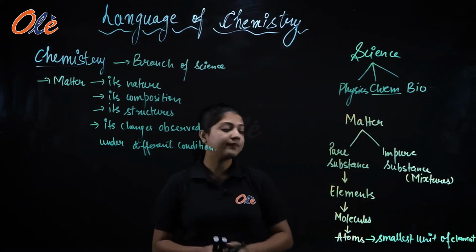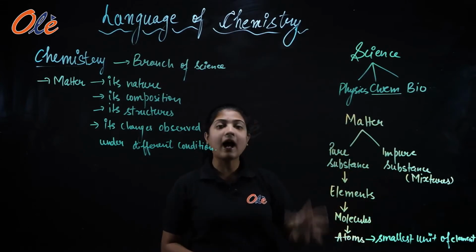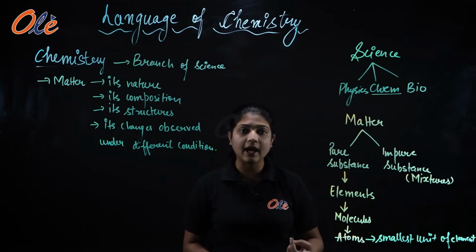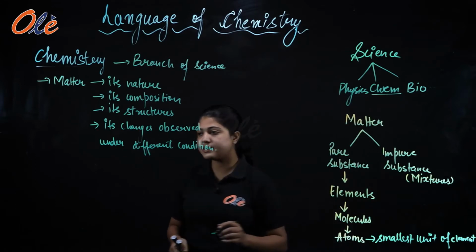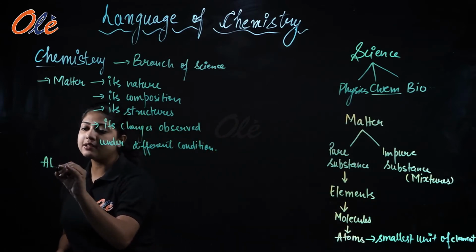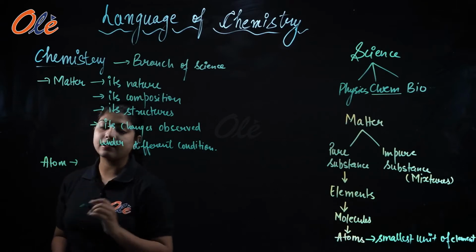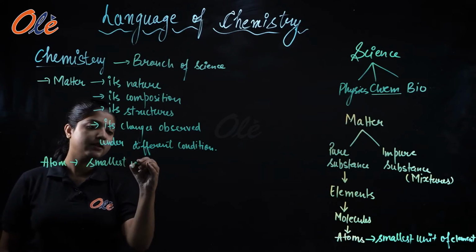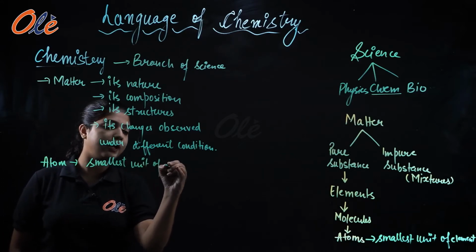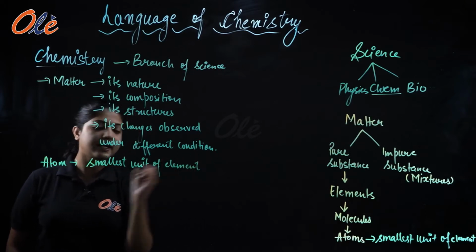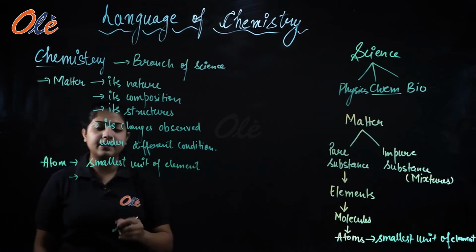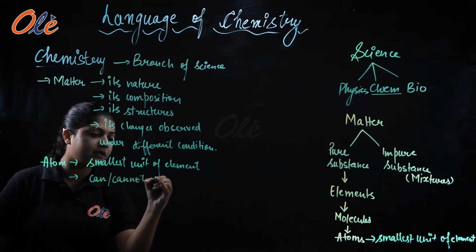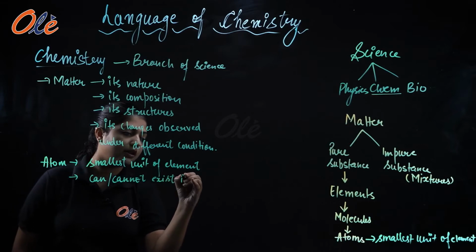Now, atoms have the capability of existing independently as well as they may not. What I mean by this is that if we talk about atoms, atoms are the smallest unit of element, and the next point is that they can or cannot exist independently.